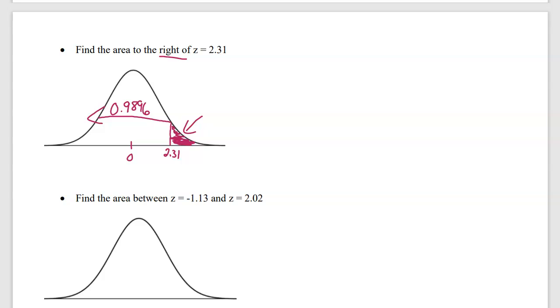So how much does this entire curve equal? Well, the entire curve equals 1. So I can subtract the 0.9896 from 1 to get this little bitty amount.